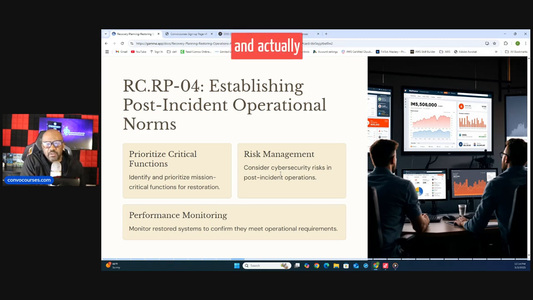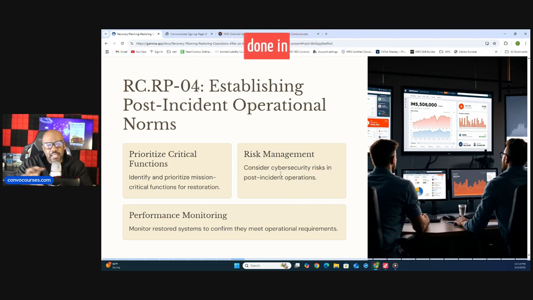This is really important, and we cover this in some of the other categories. In Identify, we cover this when we're talking about identifying business functions or mission functions, and then in GV, or Govern, you're also having to identify critical functions.